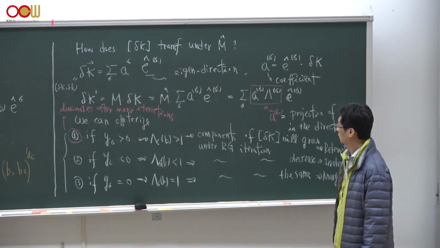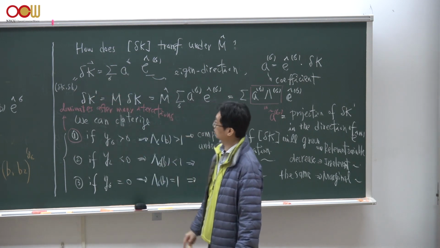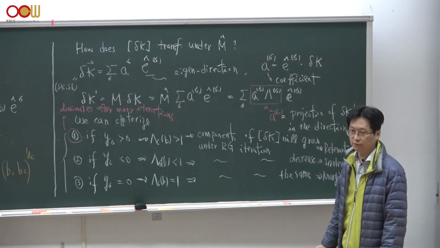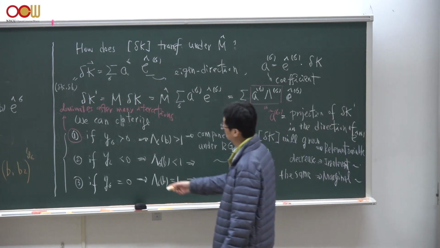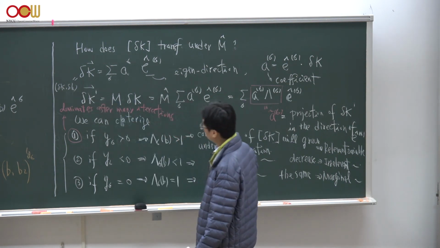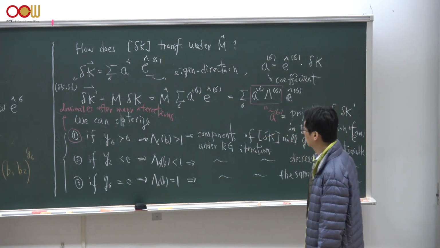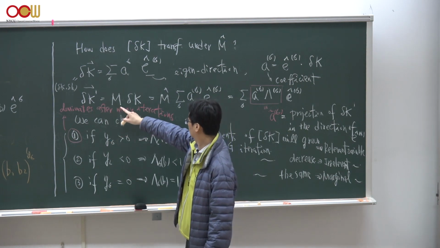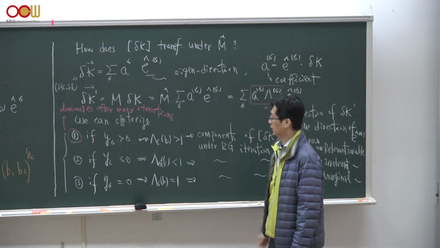So you could imagine that any vector delta k could be decomposed as a linear combination of these unit vectors, but this delta k vector will get changed under RG. So how does it change? Well, it changes according to this M matrix multiplied by this delta k vector.